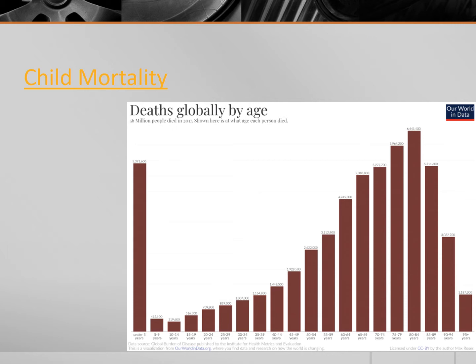That means there were more kids dying before the age of 5 than people dying in the 70 to 74 age range. And while this reflects some of the improvements that globally we have made in things like life expectancy, it underscores the need for greater protections for some of our youngest people.